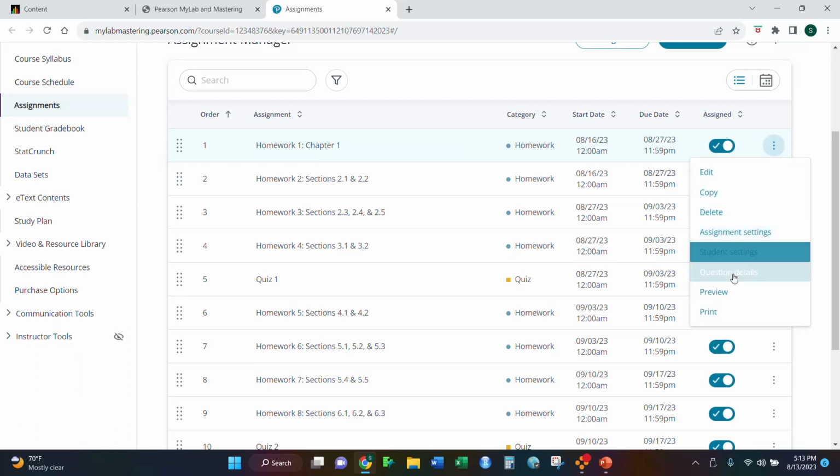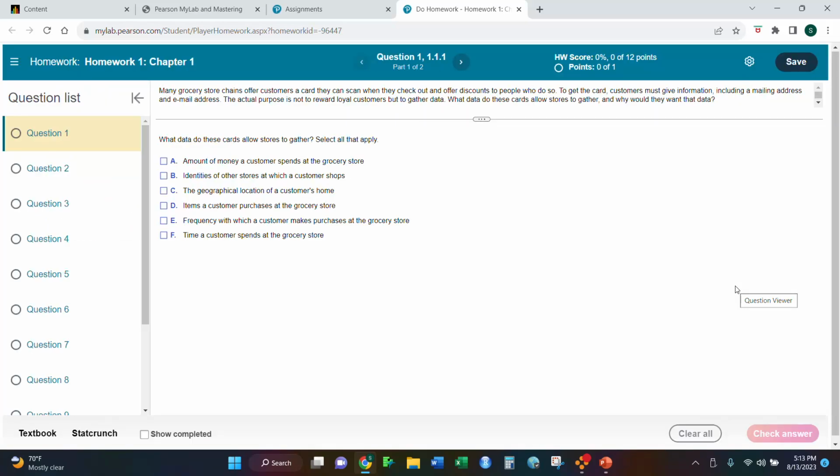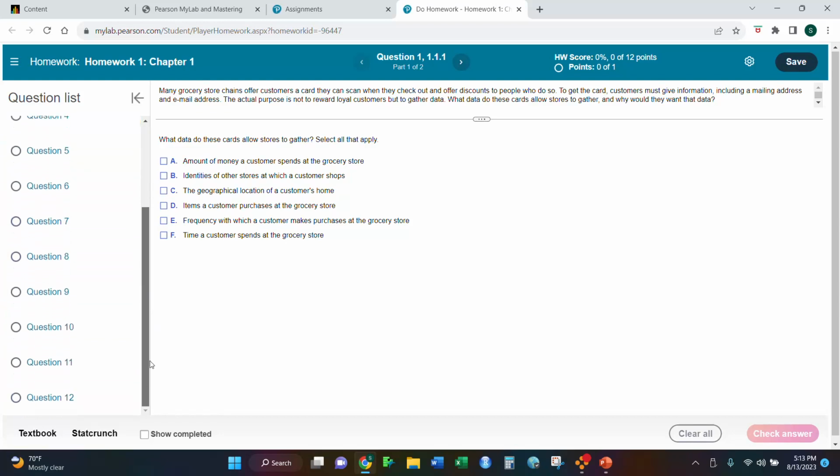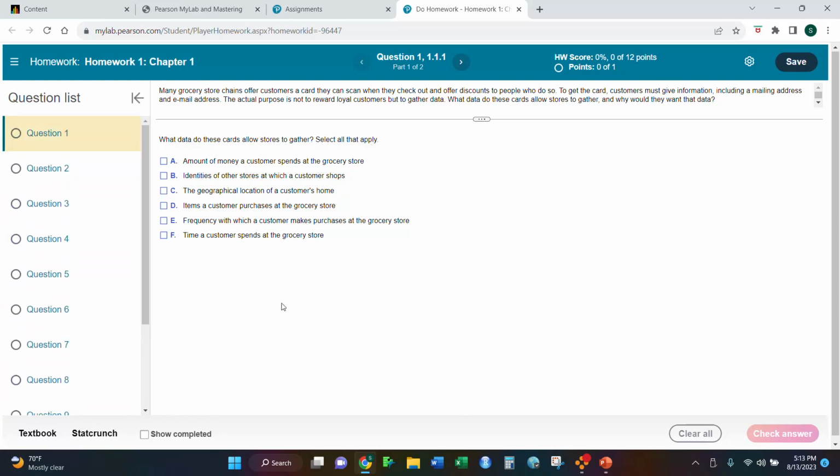You'll be able to click on the homework assignment. Just to give you an idea, I'm going to give you a preview of what homework 1, chapter 1 looks like. Here's what your homework, and the same formatting for your quizzes and your exams, is going to look like. A screen will pop up. You'll have the question numbers on the side and the main question in the body.